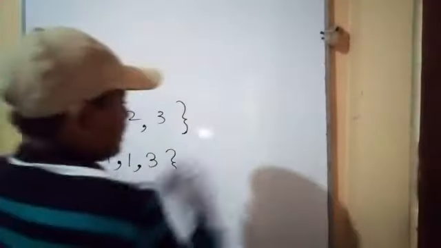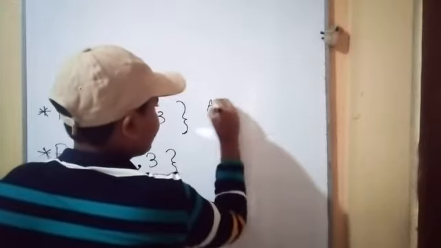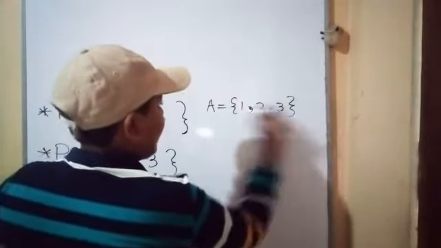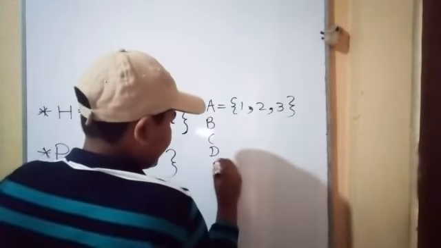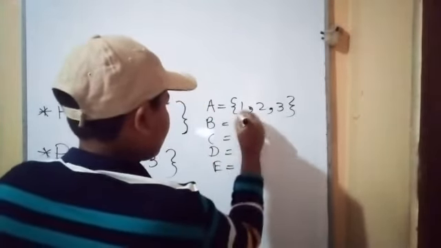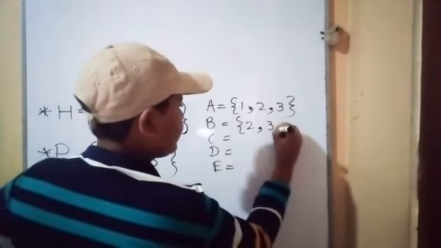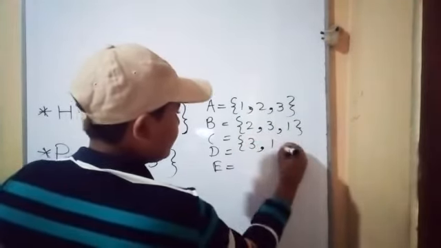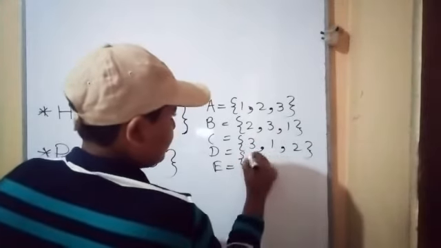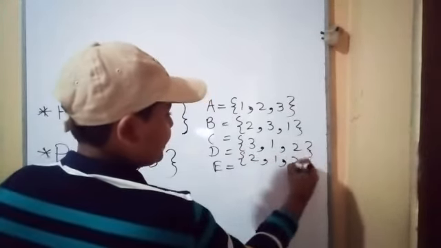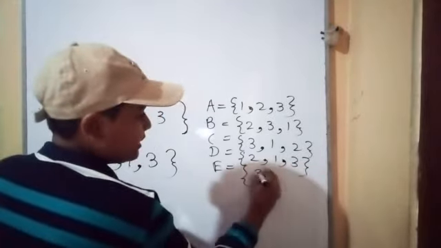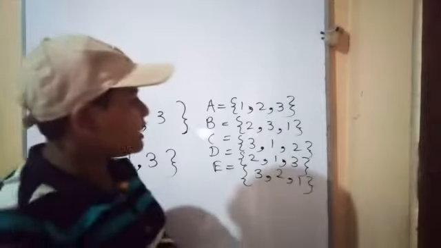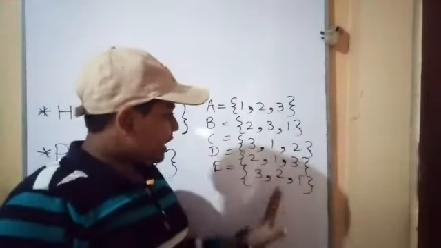You can get A set 1, 2, 3, and B, C, D, E sets. And what is the D set? 3, 2, 1. Now I write this 1, 2, 3 set as a 4.